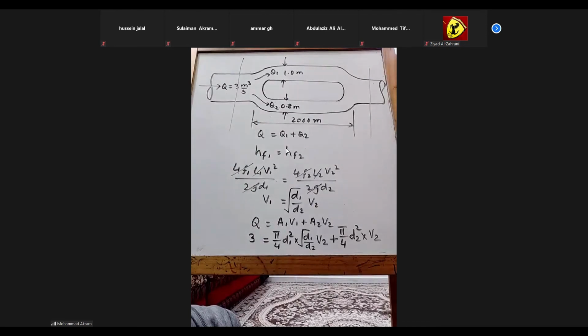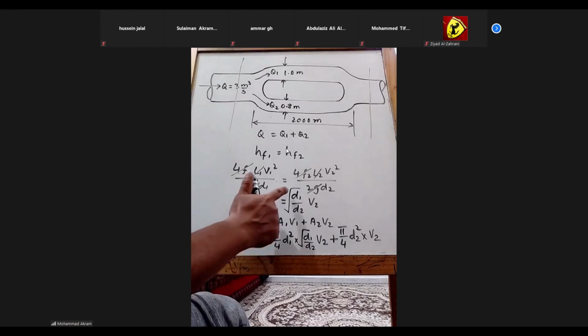So parallel pipes is very simple. Can you get V2? Yes. Everybody following this? Yes. I got 5.93 for V2. Okay, and how much is V1?